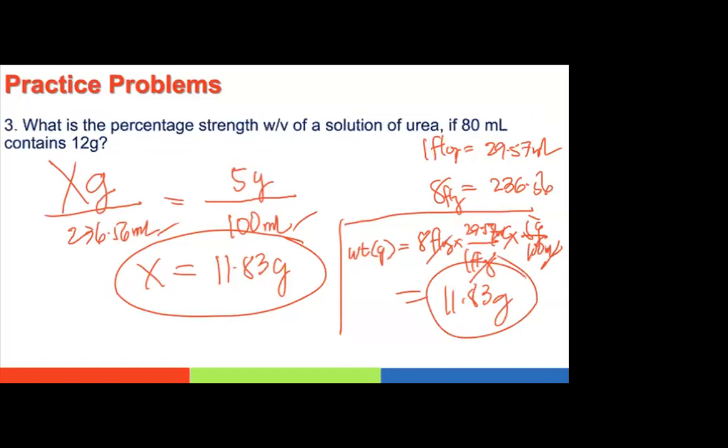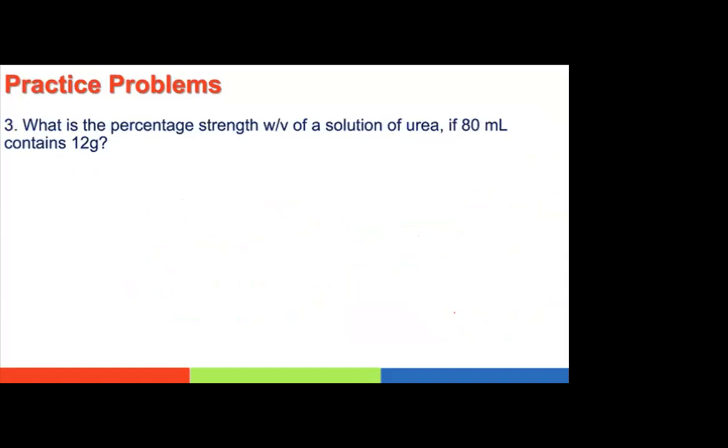Next, number 3. What is the percent strength in weight by volume of a solution of urea if 80 ml contains 12 grams? Again, since we are looking for percent weight by volume, what is the value of the percentage? This is the amount of solute in grams.